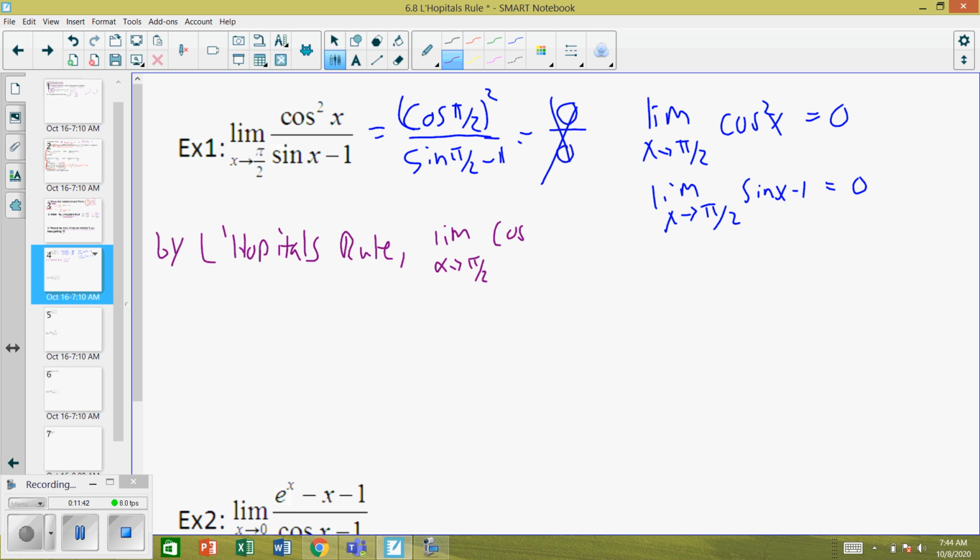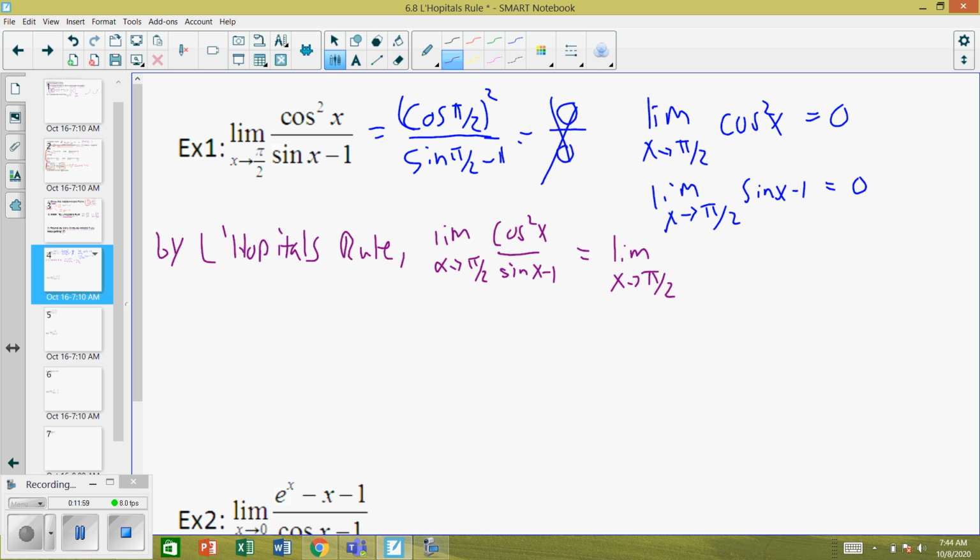The limit of cosine squared x over sine x minus 1 equals, and then you take the derivative of the top and the derivative of the bottom. So this is equal to the limit as x approaches pi over 2.